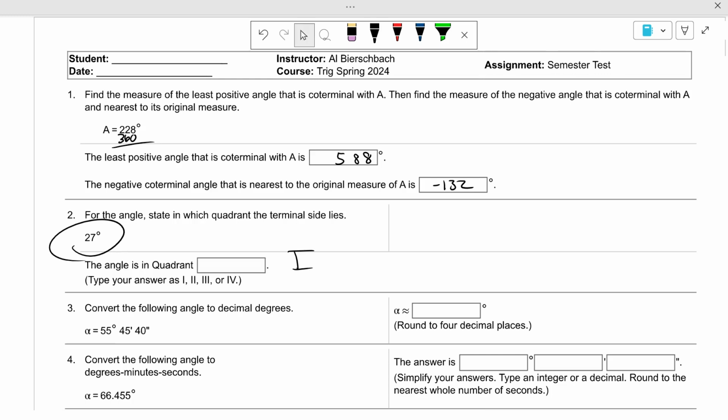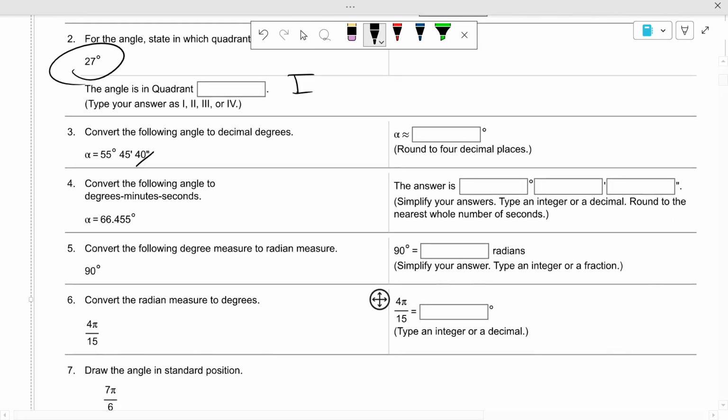27 degrees, what quadrant is it in? 1. Converting to decimal degrees, you take the 40 and divide by 60. There's 60 seconds in a minute, 60 minutes in a degree. So it's 45.666, repeating, divided by 60.